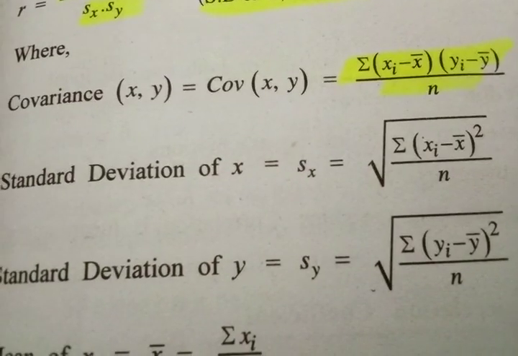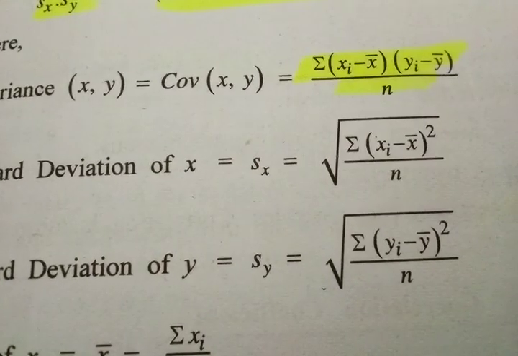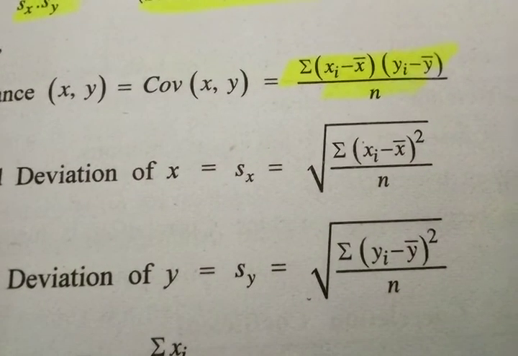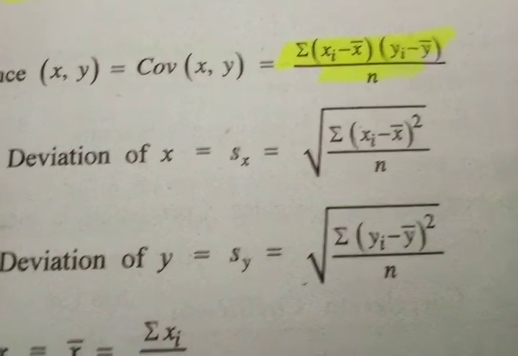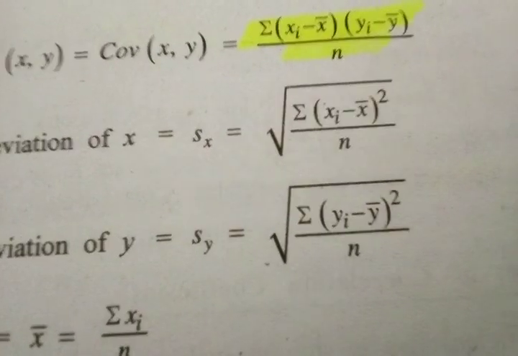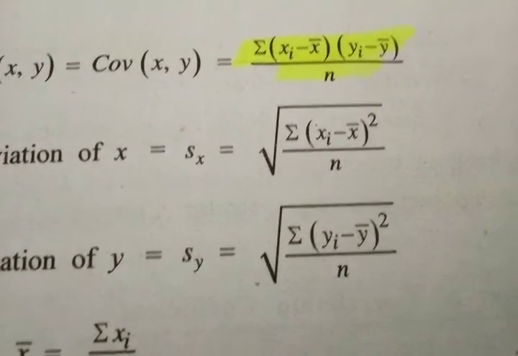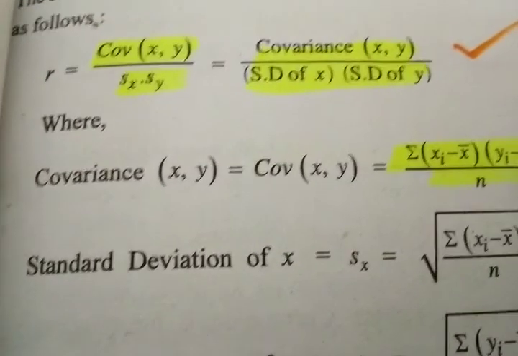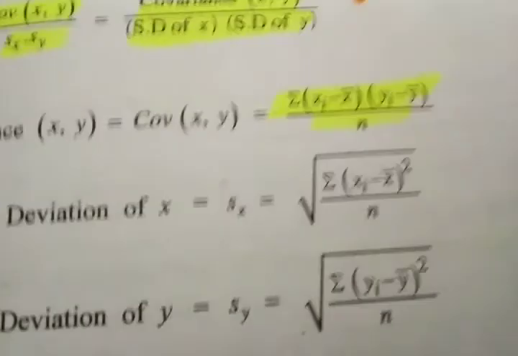Okay, now what is standard deviation of x? When variable x is available, standard deviation can be found out by the formula square root of sigma x minus x bar the whole squared upon n. Similarly for y, it is sigma y minus y bar the whole squared upon n. Now what does the formula say? Covariance xy upon sx into sy. Sx is here and sy is also available.